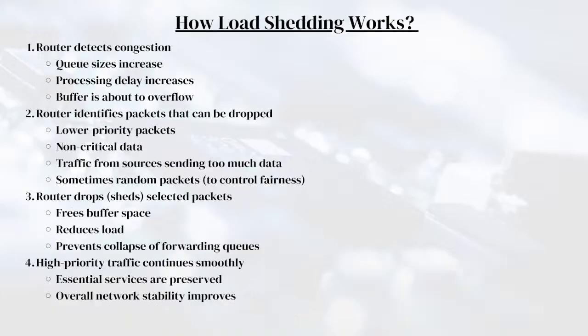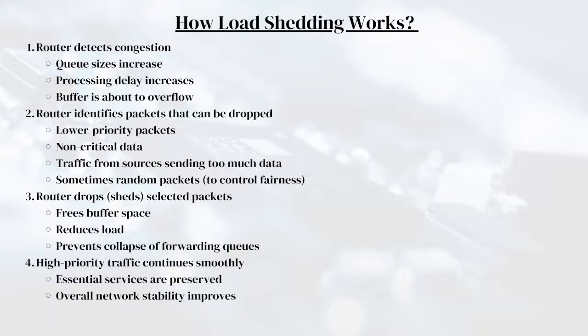So here again, the first point is the router detection technique. When the queue size increases, the processing delay also increases and the buffer is about to overflow. These conditions will be detected by the router.